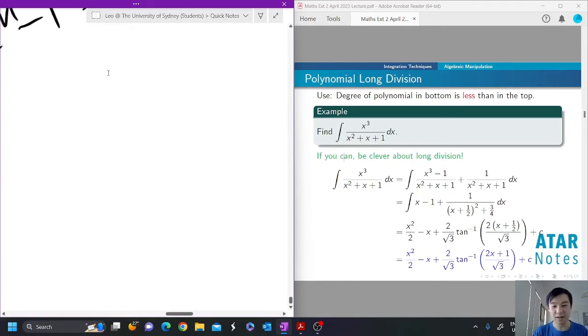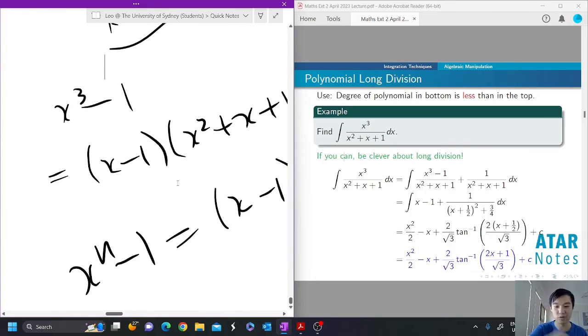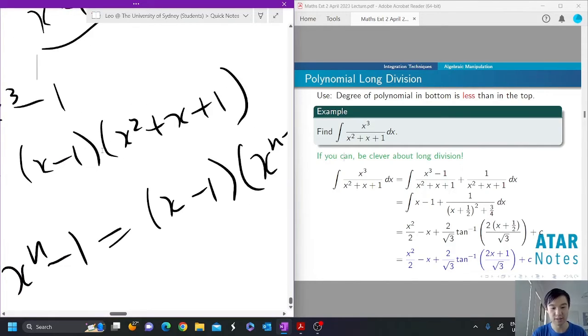But anyway, here, because we recognize there's an x squared plus x plus 1, what you could have done is just subtracted a 1 and then added a 1, so that when you factorize the top as this thing, it will cancel out with the x squared plus x plus 1 in the bottom to just give you x minus 1.